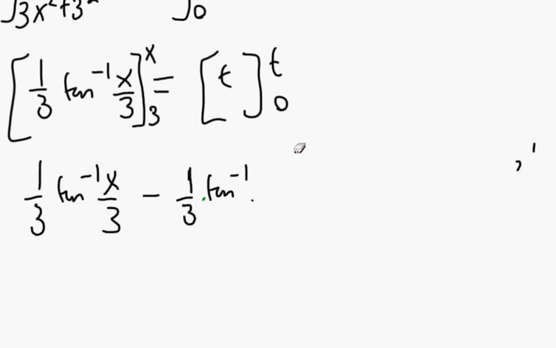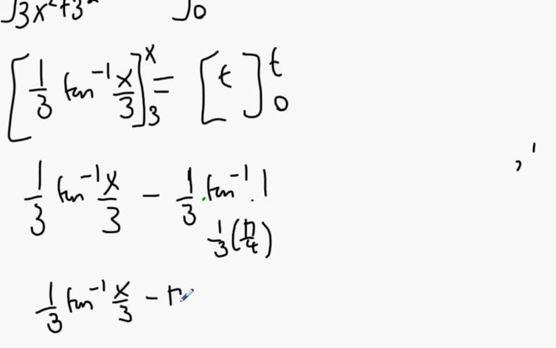What is 3 over 3? 1. What is tan inverse 1? So it's going to be 1/3 of pi over 4. Everybody cool with that? So it's going to be 1/3 tan inverse x over 3 minus pi over 12 equals t minus 0, which is just t.